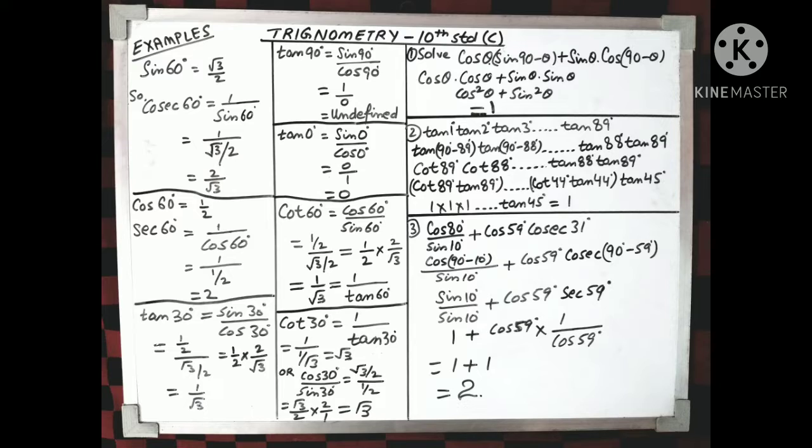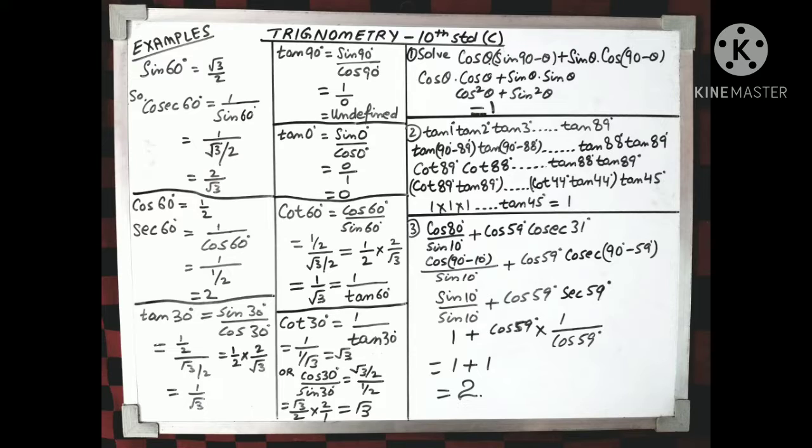So half of the sequence we will write as 90 minus something, and half of the sequence as normal, as it is given. So now tan(90 minus 89) is cot 89. Tan(90 minus 88) is cot 88, and so on, right?